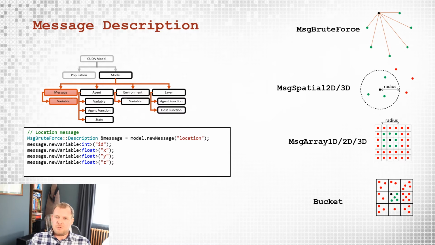So we have classic communication types like brute force messaging, spatial messaging, so within an interaction radius. We also introduce array messaging, so this is somewhat like a discrete messaging, like a chessboard type of approach that agents may interact over, as well as bucket messaging, which is very effective for building things like networks.